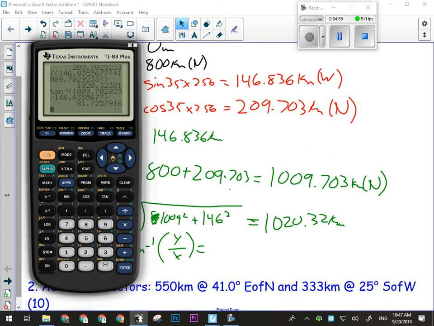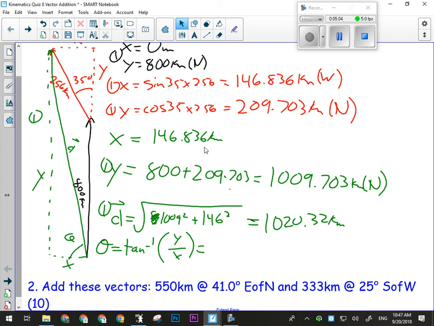All right, so my angle here is going to be 81.73 degrees, and for me, that's north of west. So 1 mark if they have that calculation. Whether it's reversed or not is fine, because they may have drawn the triangle the other way.